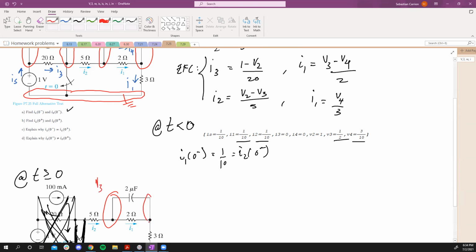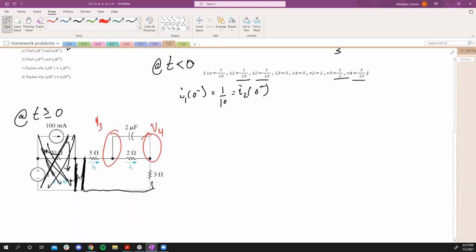So let me call this V3, V4. Our V3 and our V4 don't change. But our currents do, because one portion of the circuit is closed off since that switch happens.